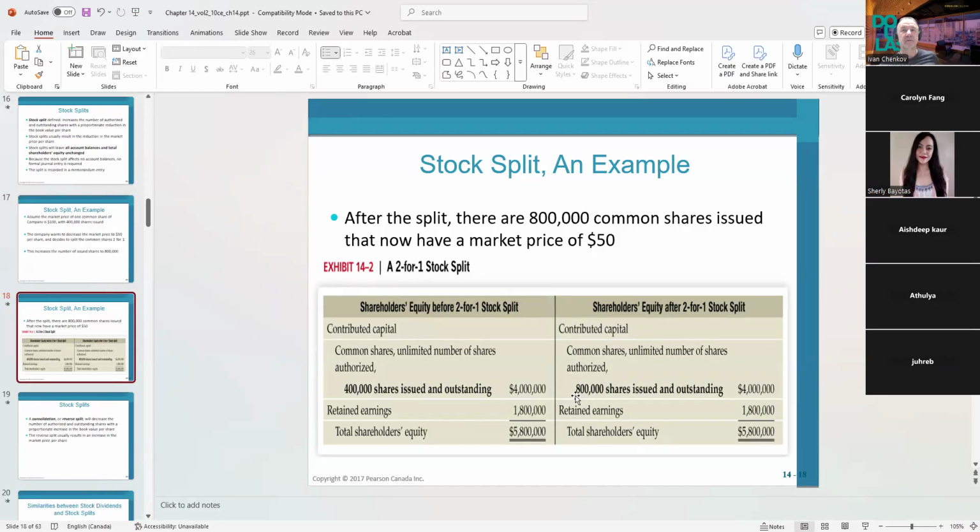It doubles. Retained earnings is the same amount, total shareholders' equity is the same amount. Now, what's the average book value of a share? That's a different story. Here, the average book value was $100. Now, the average book value is $50.